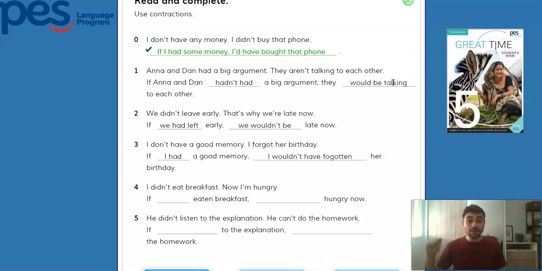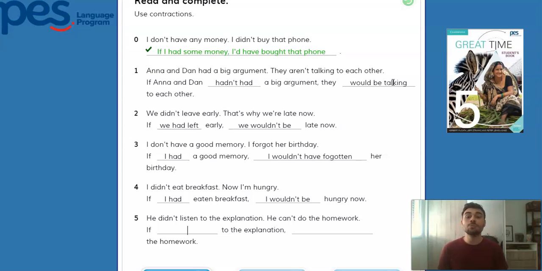But if I had, I wouldn't have forgotten, right? Then 4, I didn't eat breakfast. Now I am hungry. So if I had eaten breakfast, I wouldn't be hungry now.